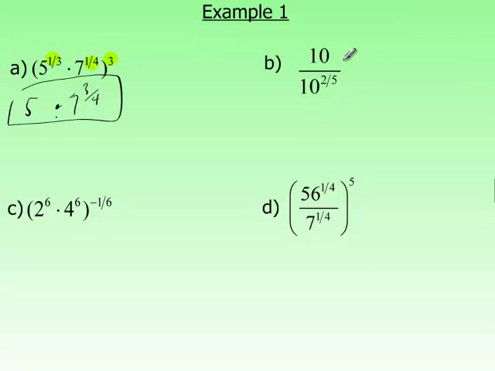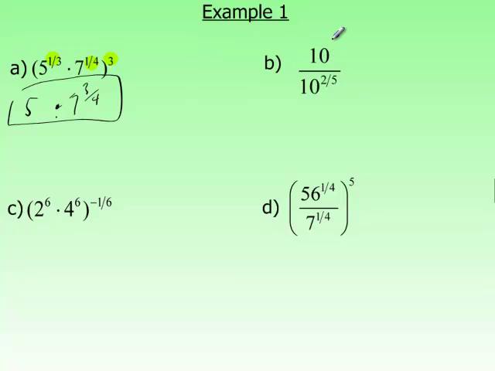On B, here I have 10 over 10 to the 2/5 power. And with this, remember we have a quotient of a power, and I'm going to be subtracting the exponents. Now the exponent on the numerator here is going to be 10 to the first.